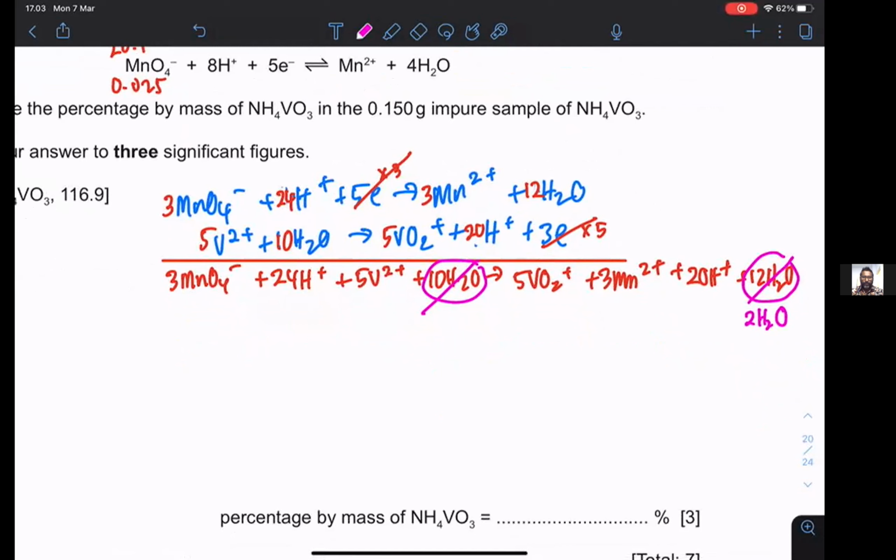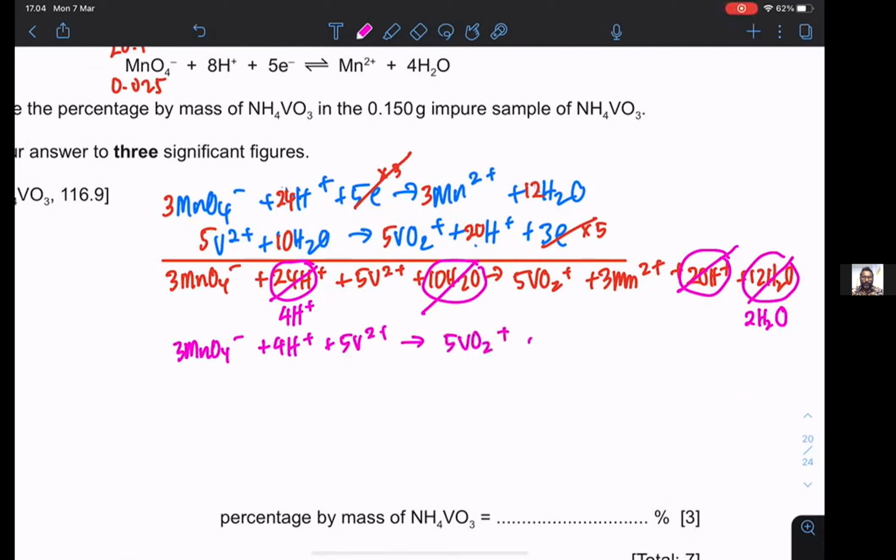When I bring this H plus to my left, I can cancel this. So this one minus 20, so I will have 4 H plus. So if I rewrite everything again, 3 MnO4 minus plus 4 H plus plus 5 V2 plus gives me 5 VO2 plus plus 3 Mn2 plus plus 2 H2O, done.